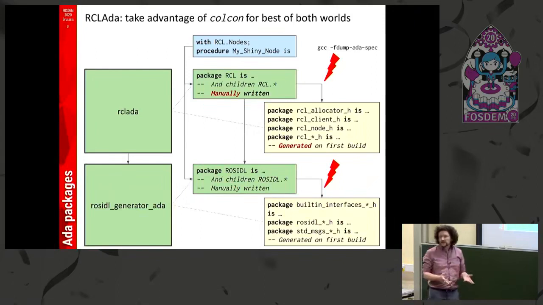And on top of that, it's the high-level manually written binding. So this way, users have a comfortable Ada binding, and I can detect immediately if something has changed underneath, and instead of getting mysterious segmentation faults, you get a compilation error, because there is a mismatch between specifications and clients.